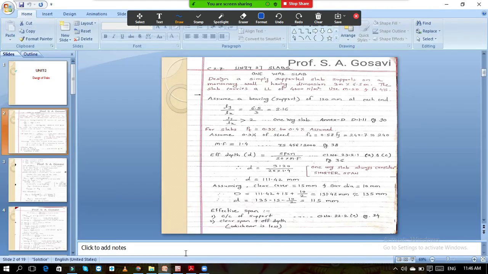Design a simply supported slab. Design a simply supported slab. Supports on a masonry wall.